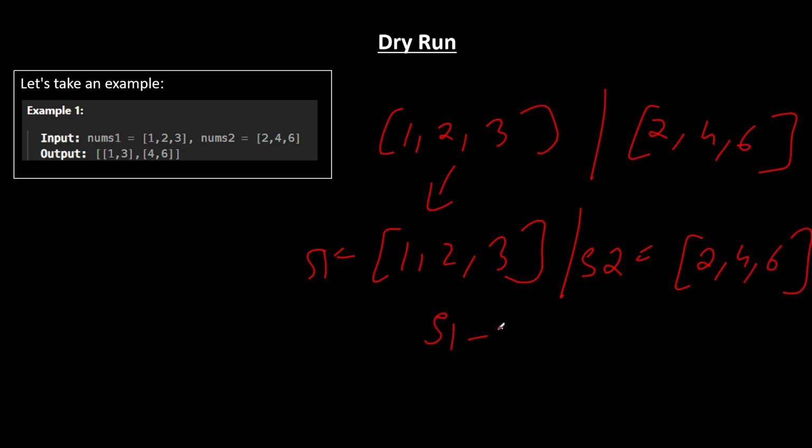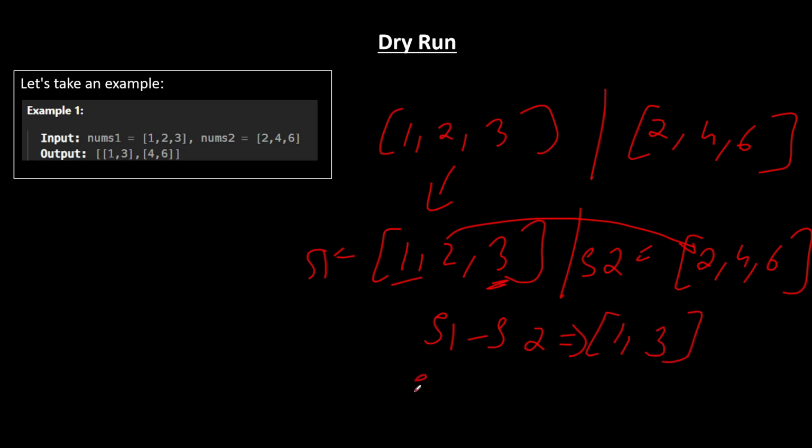Now when I do set 1 minus set 2, what do I get? 1 will be there, 2 will get subtracted because it's present in both. Then 3 is not present here, so 3 will come.